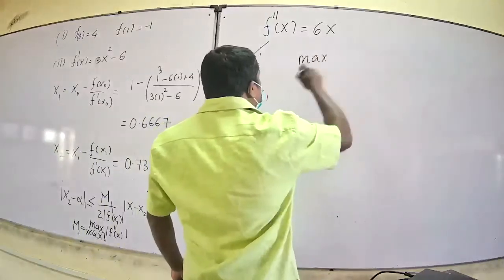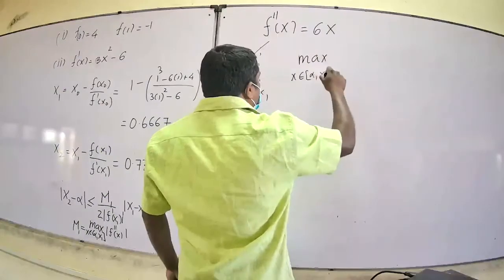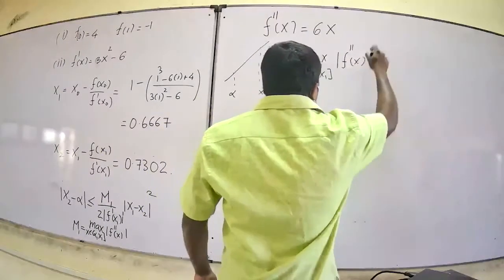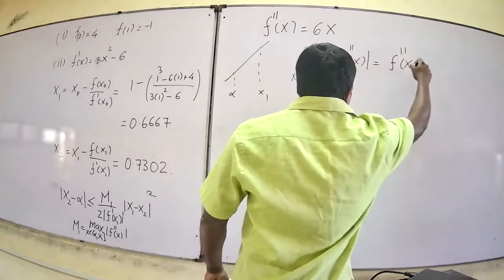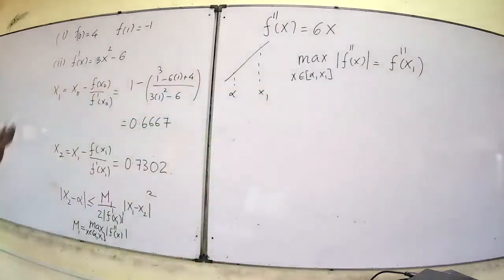So you know the maximum of f double prime, that is clear, because 6x is a line which goes from 0, in the first quadrant, an increasing line.